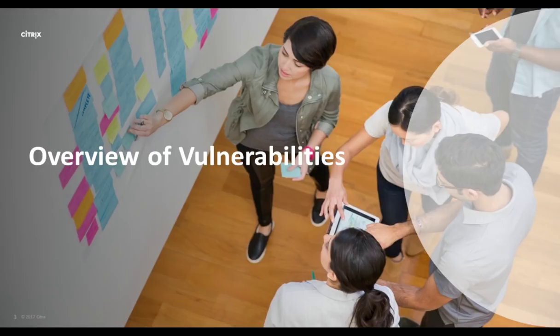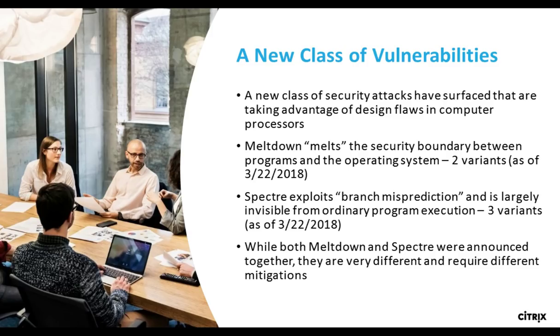So let's start at the beginning, the overview of vulnerabilities. We are talking about a brand new class of security attacks that were announced in January 2018. This new class of vulnerabilities takes advantage of a design flaw in computer processors called speculative execution side channel vulnerabilities.